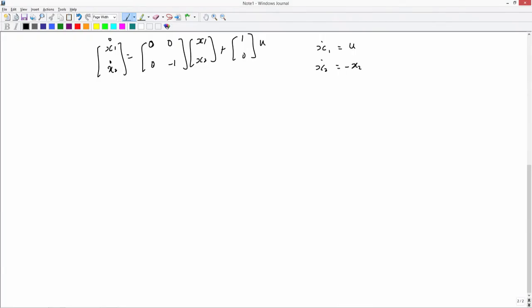What can I do with this system? Well, you can see that I can actually control the first state provided that the second state is stable.